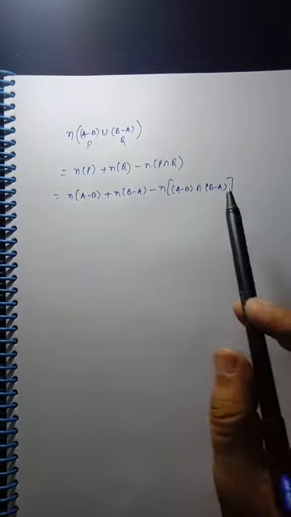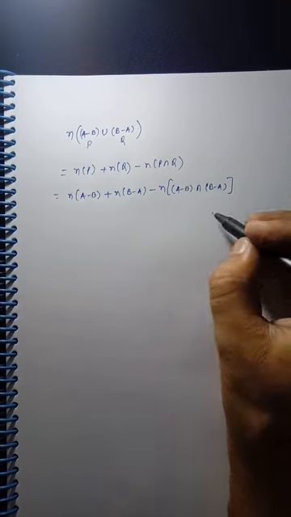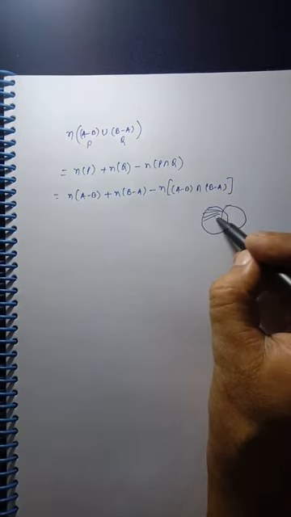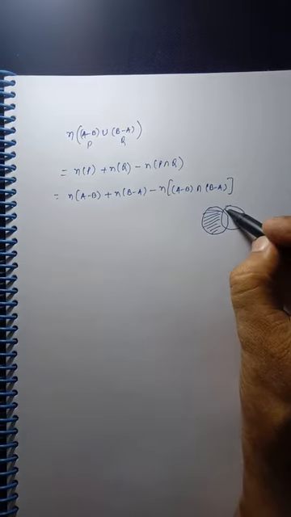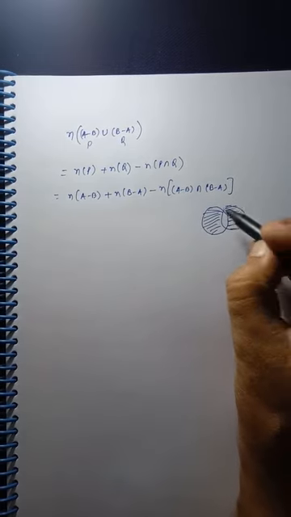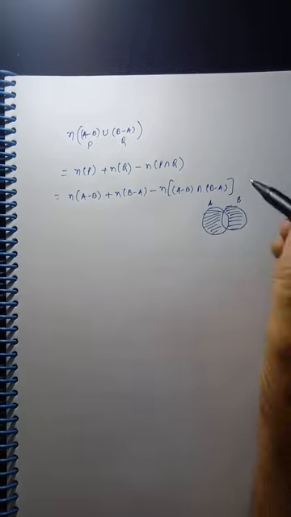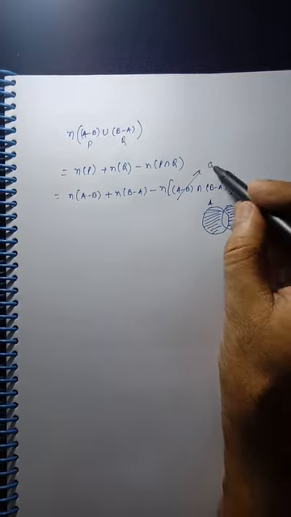Now see here, this is A minus B, this is B minus A. Why am I saying this? Because this portion is A minus B and this portion is B minus A. If this is set A, this is set B, there is no common part. So that's why this portion will become 0.